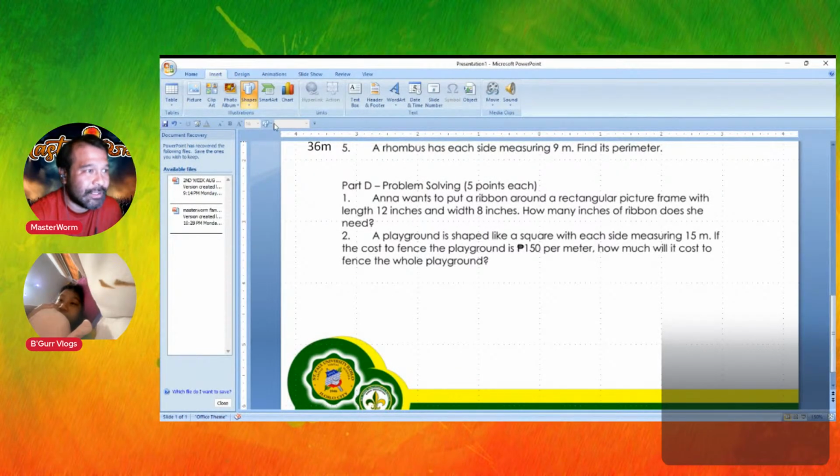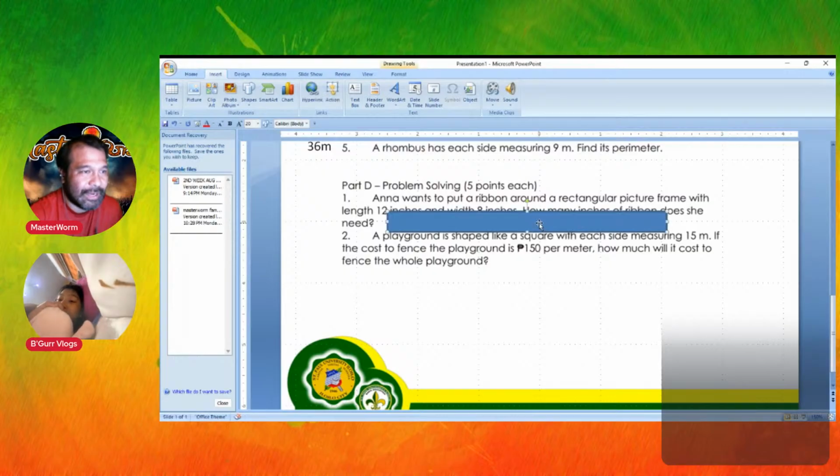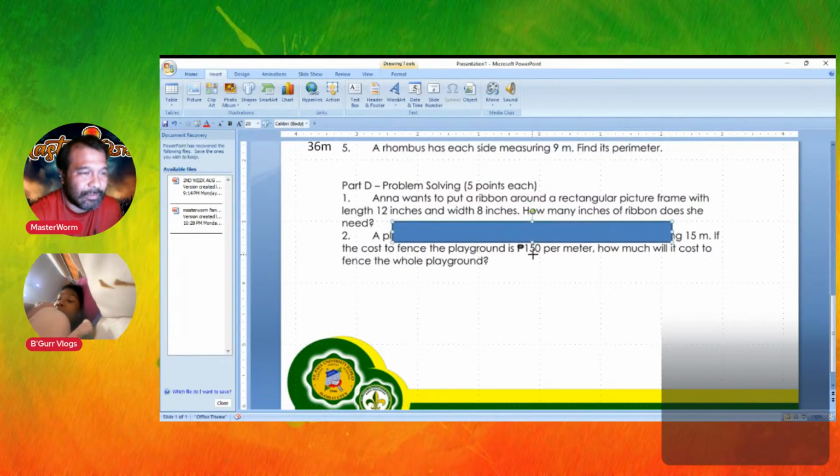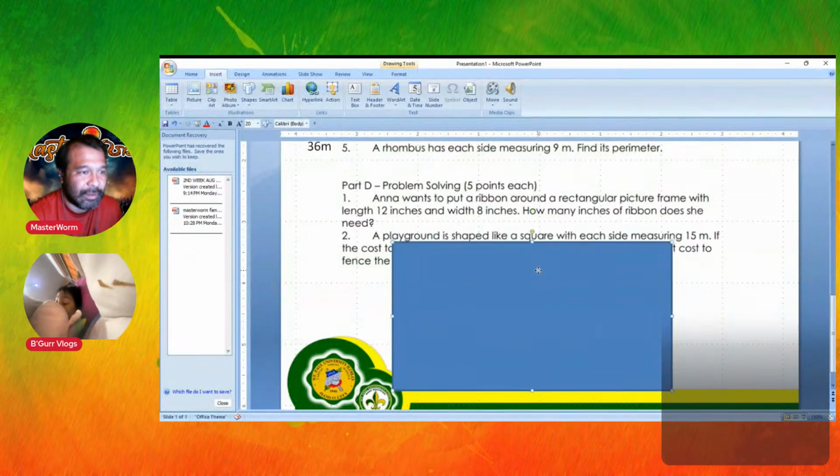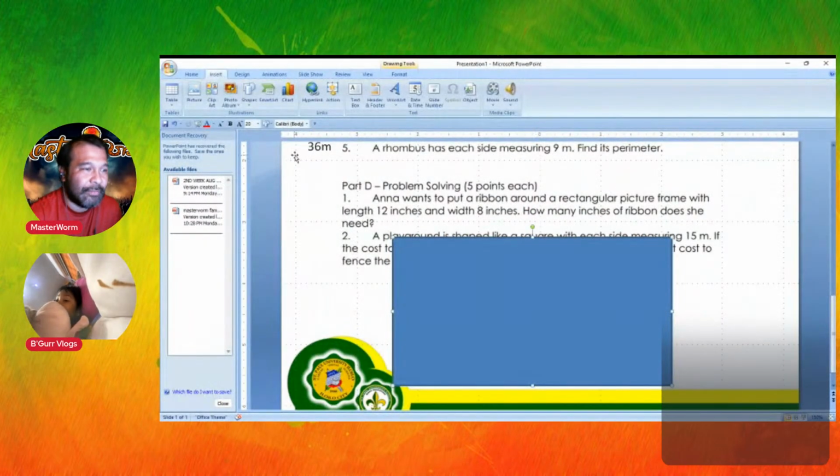Okay, let me show you how it looks. This is the size of the ribbon of Anna. From left to right, it says 12 inches.